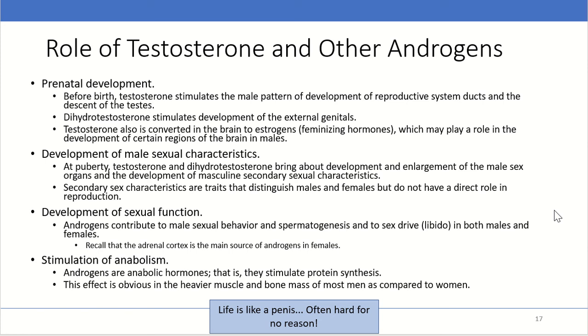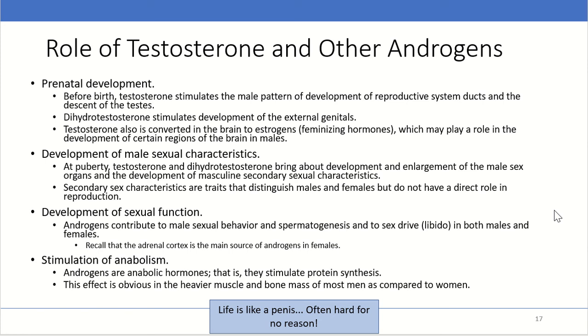Dihydrotestosterone is also going to stimulate the development of external genitalia, prenatally, like when you're in utero still. And testosterone is also going to be converted in the brain into an estrogen. This is one of the feminizing hormones, and we think this plays a role in the development of certain regions of the brain in males.